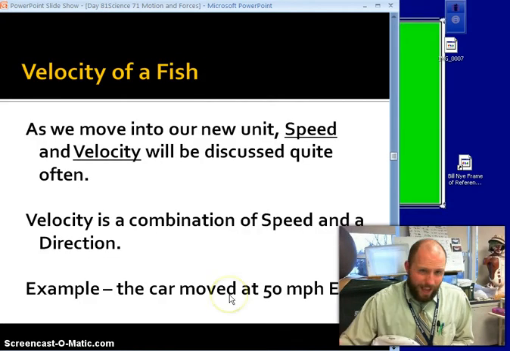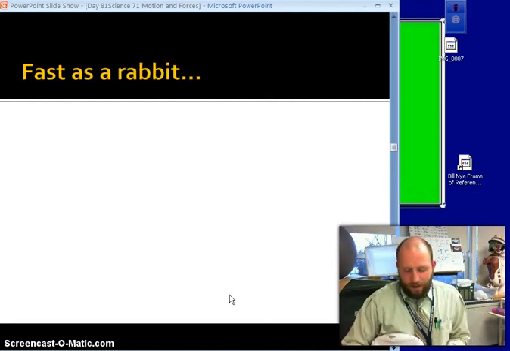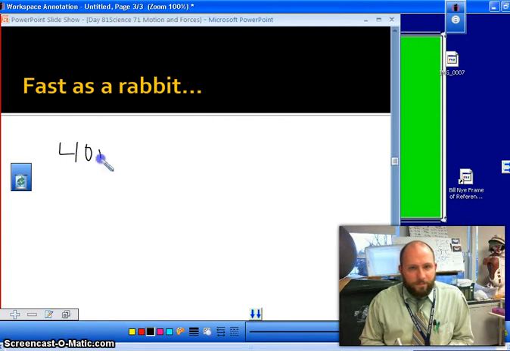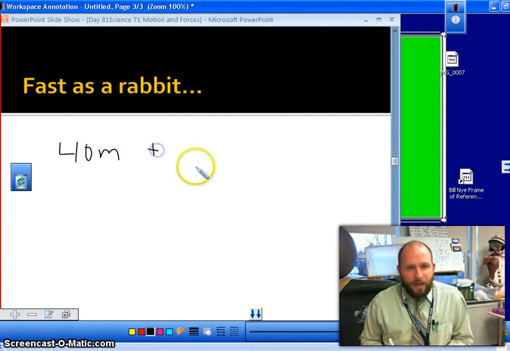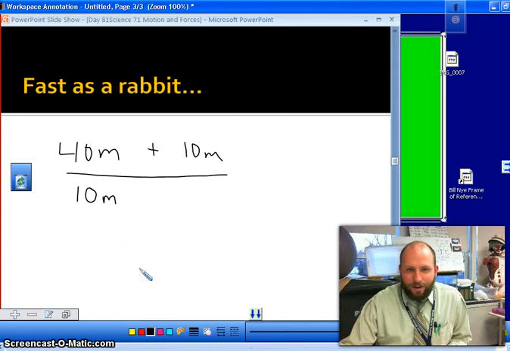Now, as we're heading through this idea of fast as a rabbit here, I believe the rabbit was 40 meters, and what was his remaining distance there he had to travel? 10 meters. Thank you. Now, what was his total time? Well, his total time, I think, was 10 minutes. Oh, no, sorry. I need to go back on my screen here and figure that out.